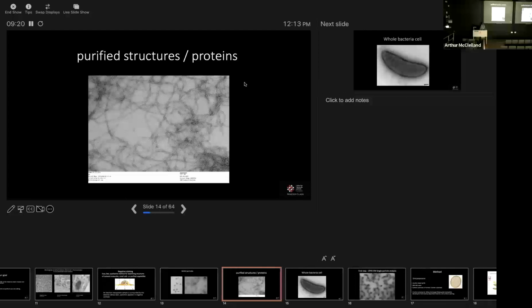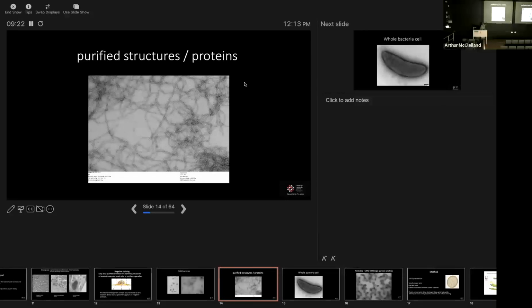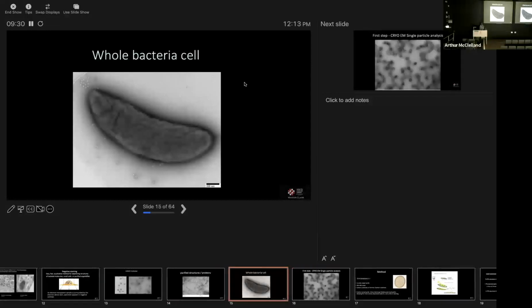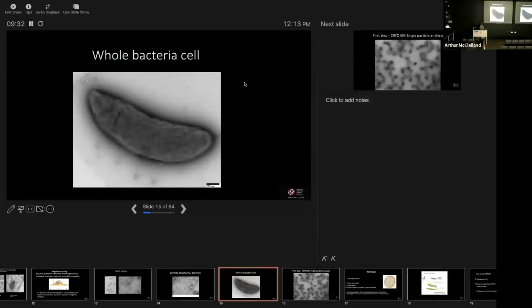We can look at purified proteins. Amyloid fibers lend themselves beautifully to negative staining. We can even look at some whole cells, like this whole bacteria cell. In this case, we were looking for these vesicles, extracellular vesicles that the cells are putting out.